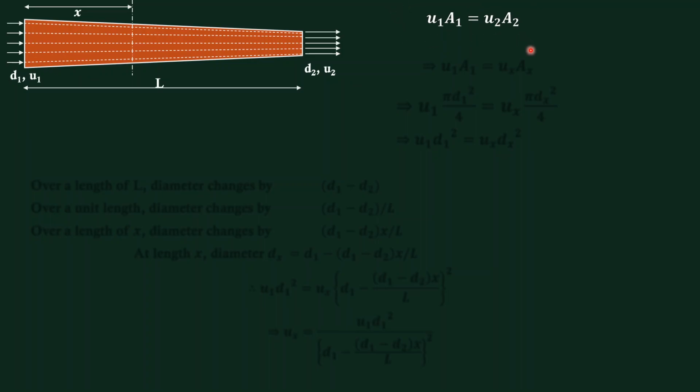Now, instead of the section 2, that is the end section, we can take any other section in between here, that is at a distance x from the beginning. If that is the case, we can write the continuity equation like this also: u1A1 equals uxAx, where ux is the velocity at this cross section and Ax is the area of this cross section.